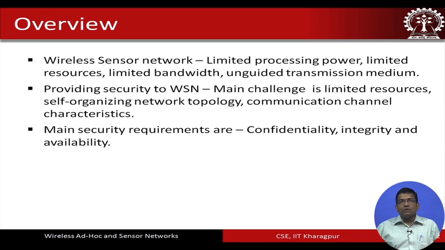Number two, we also have to understand the challenges that arise when we want to establish security mechanisms in these networks. That means we have to review the limitations and challenges of these sensor networks, because of which implementation of these security requirements would be difficult.